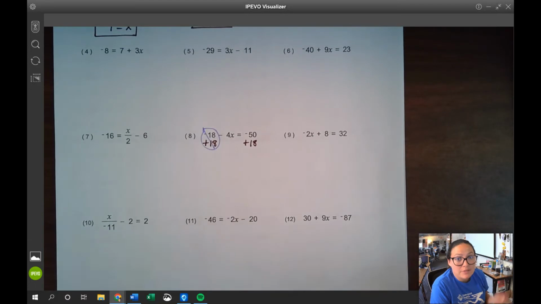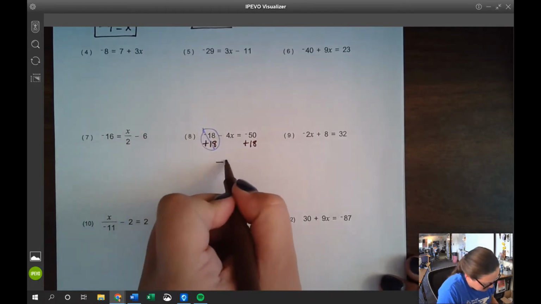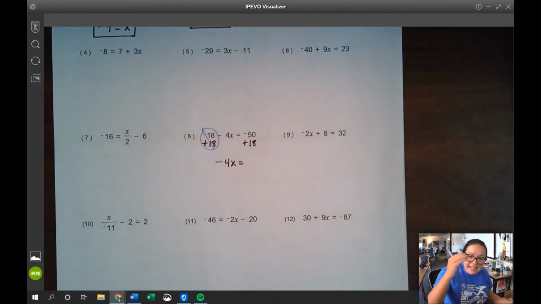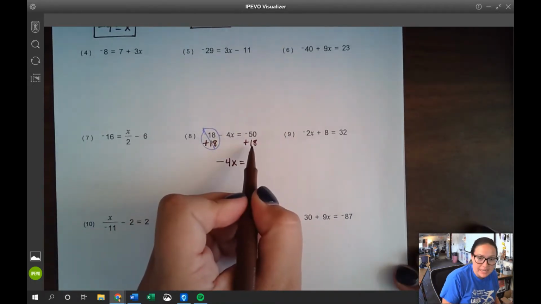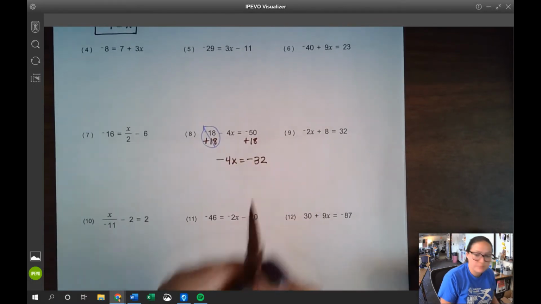Now, this is where you have to be super careful. Okay, this is a negative 4x. Make sure you bring that negative down to the next row. Then I'm going to do negative 50 plus 18, which is negative 32.